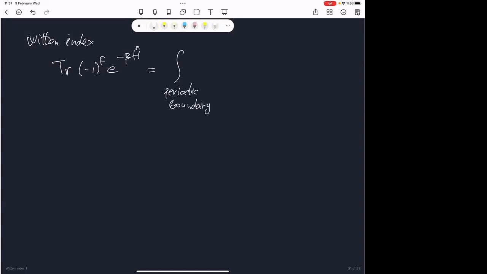Again, if you want to compute just the partition function for this Hamiltonian, then for the Grassmann variables you need to take antiperiodic boundary conditions.